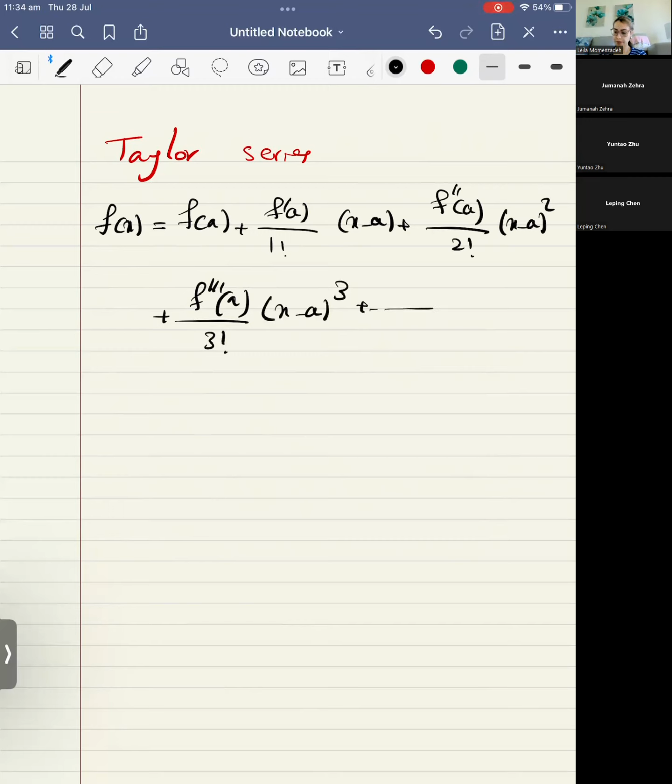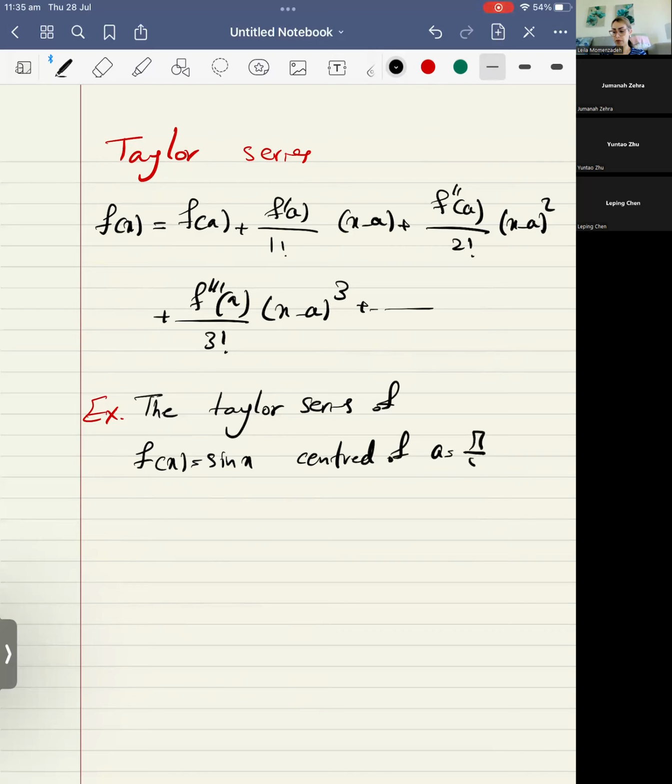For example, the Taylor series for f of x equals sine x, centered at a equal pi over 4.